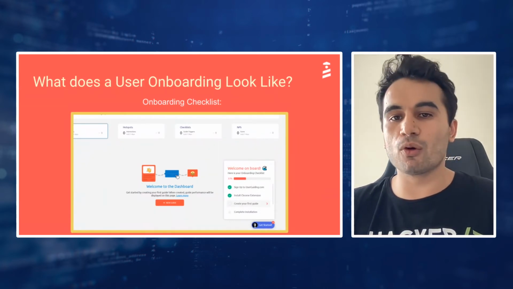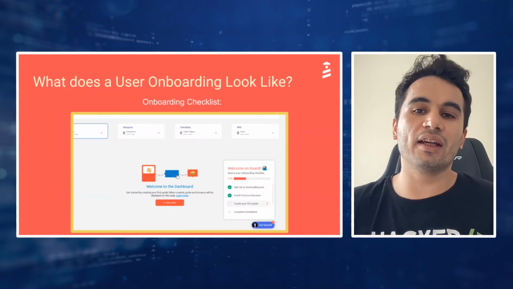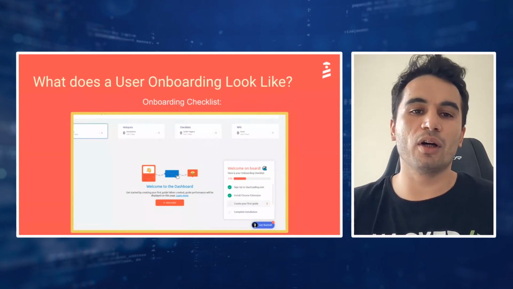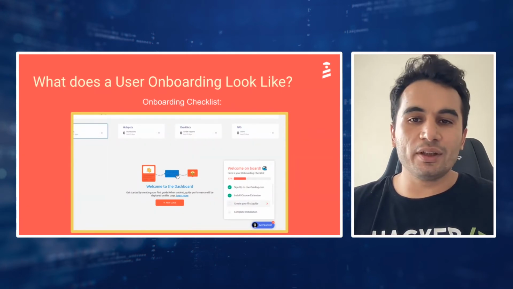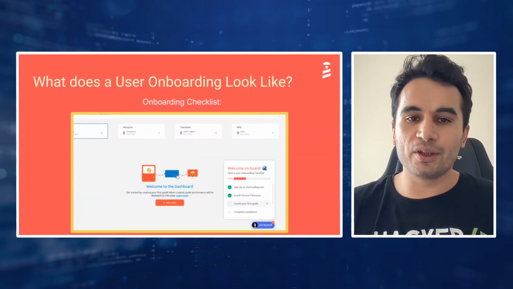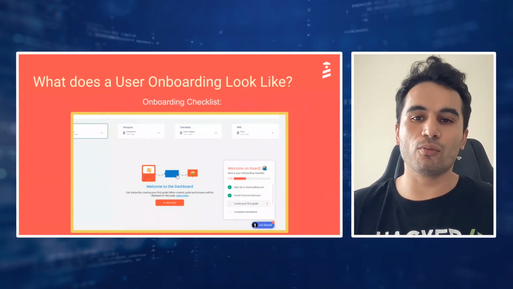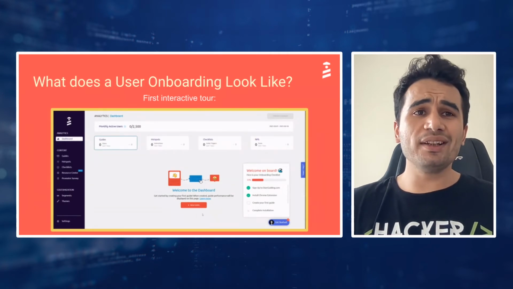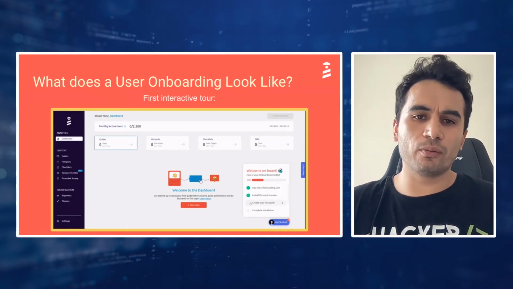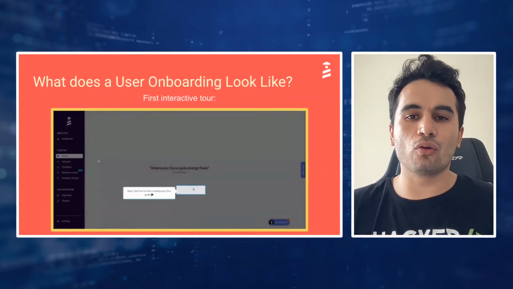And there is a user onboarding checklist that contains the key onboarding tasks that they can accomplish to learn more about UserGuiding's features. You see, they already signed up to our product, and this specific user has already installed our Chrome extension, so they are almost halfway through the onboarding process. When they click an action item from the checklist, they are directed to an interactive guide which shows them around.